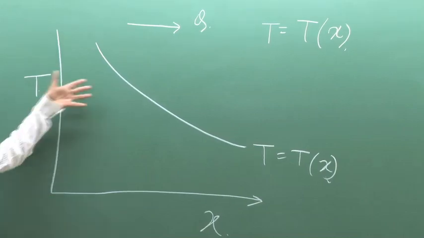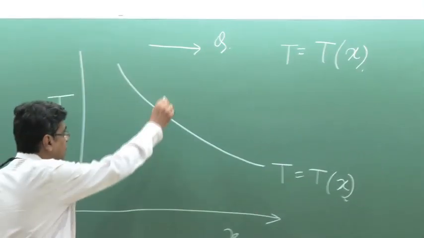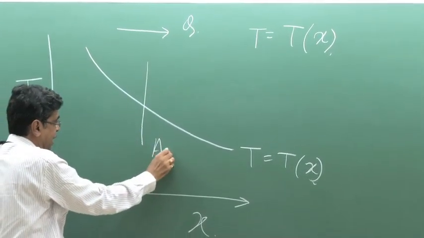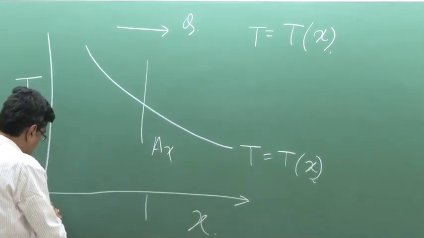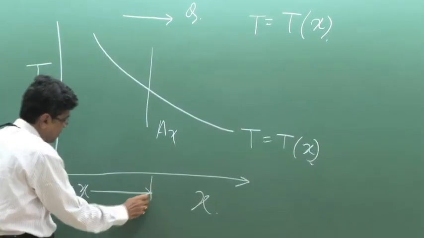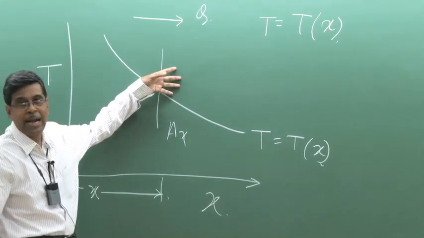So heat is flowing like this. Now if I take a cross section at any distance x from the reference origin or reference frame, then what happens? Heat is flowing across this section.